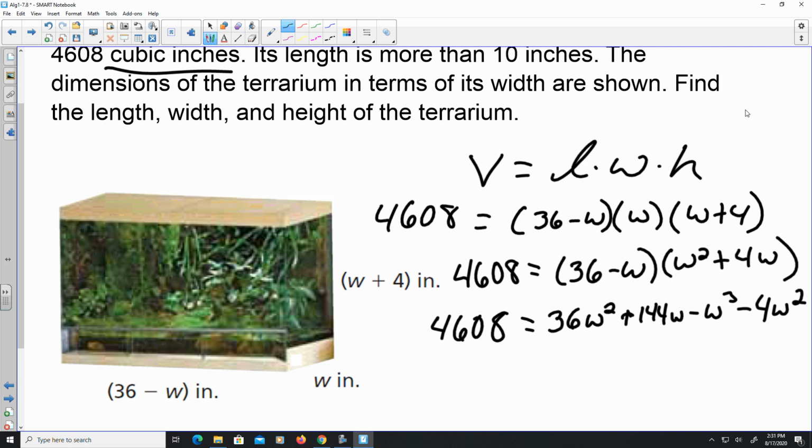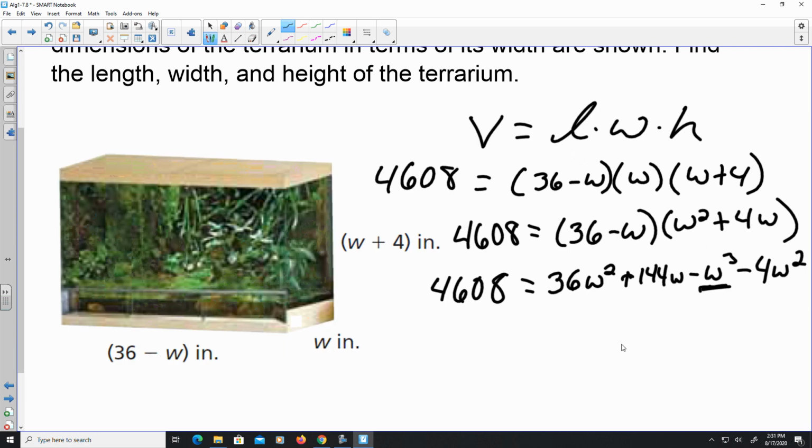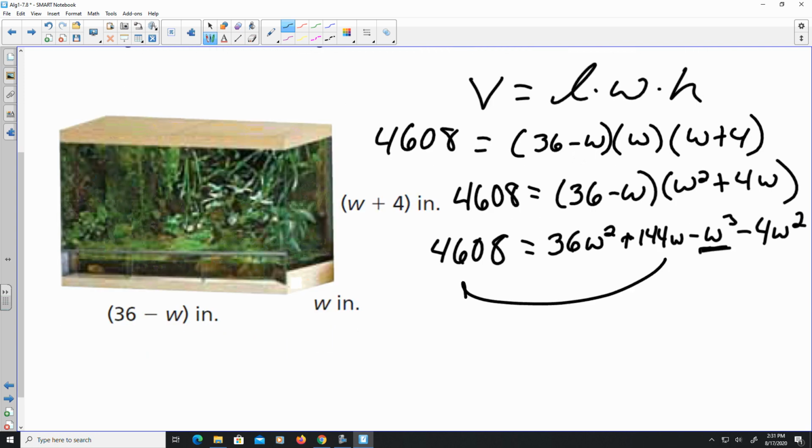So with that, actually what I'm going to do is put everything on the left-hand side, because my lead coefficient right now is negative, so why not? So I'm going to add W cubed to both sides, which gives me positive W cubed.